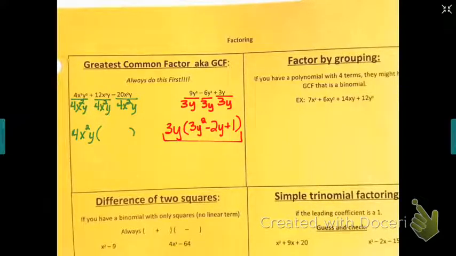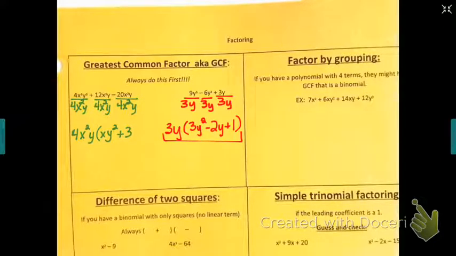Okay, so let's divide. On the first one, 4 divided by 4 is 1. X to the third over x squared is just x. Y to the third over y is y squared. 12 divided by 4 is 3.